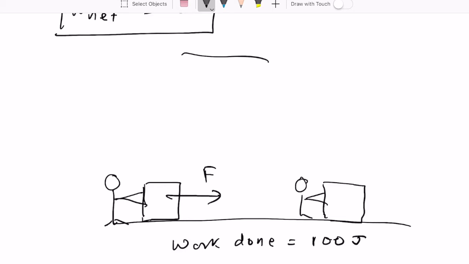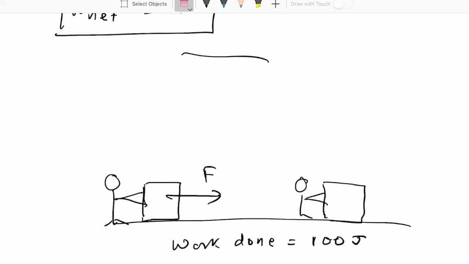Let's think about how you would get this 100 joules. It would be force multiplied by distance in this case. So you do force multiplied by distance times cosine of 0, which is 1, and you calculated the work and it came to 100 joules. What is the significance of this 100 joules?